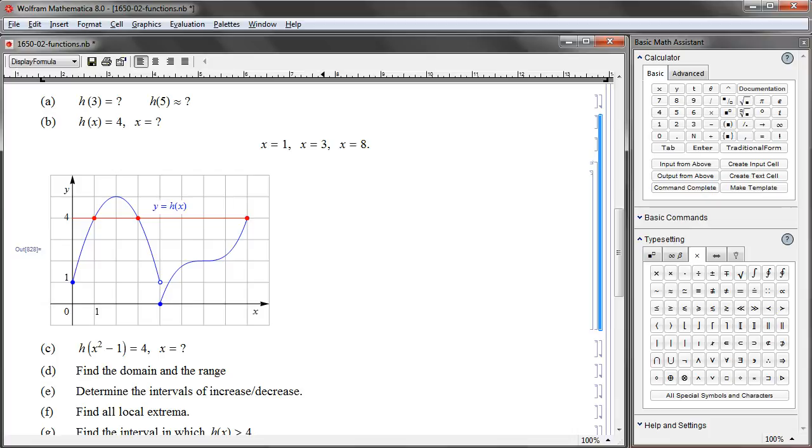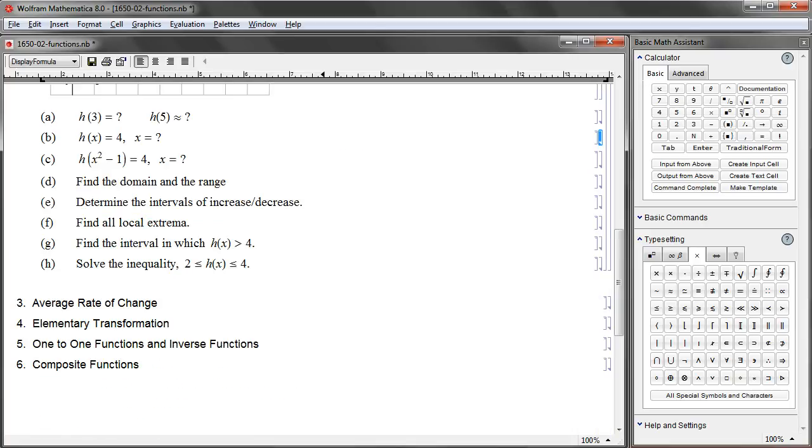When h of x is given as 0, then you're going to get one answer, because if you draw y equal to 0, or the x-axis, there is only one crossing point, and that takes place at x equals 4. Basically, what you do is find the y-coordinate value, draw a horizontal line, and then get the crossing points on the graph. Their x-coordinate values correspond to the x values you're looking for. So you can solve an equation graphically like this too.